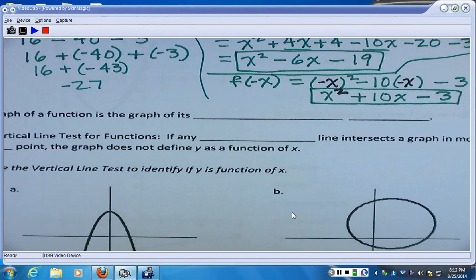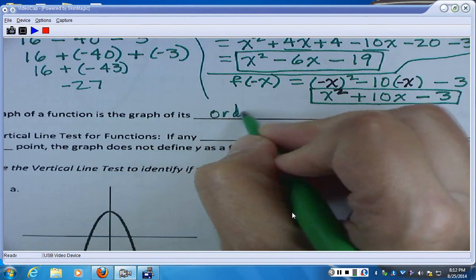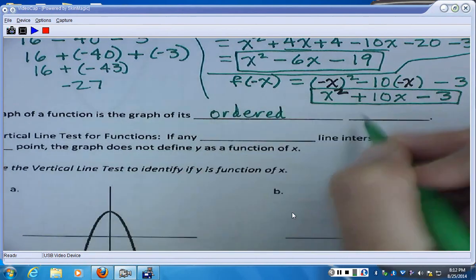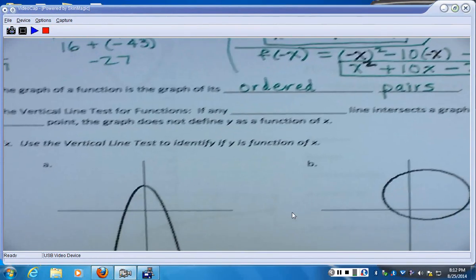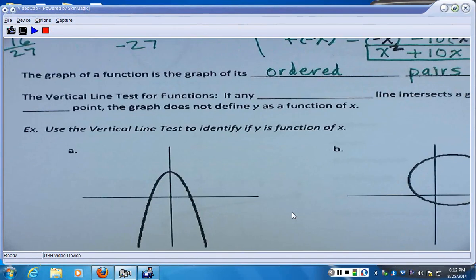All right, and the graph of a function is the graph of its ordered pairs. And here's my favorite test for functions that I was using before I got to this.